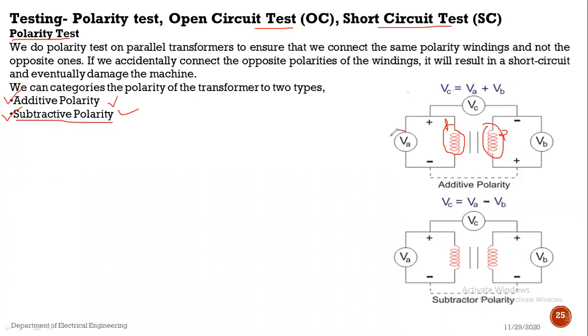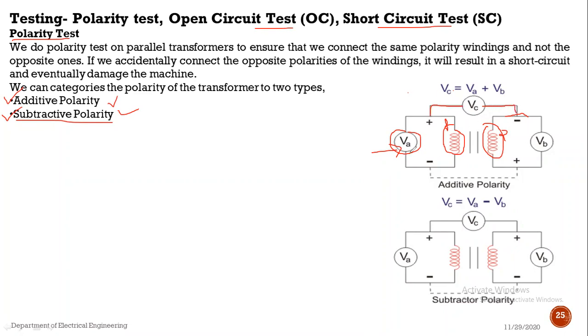One voltmeter VA is connected to the primary winding and the supply is provided to that winding. Another voltmeter is connected at the secondary side of the winding, and one extra voltmeter is connected across these two windings. या दोन winding मध्ये एक voltmeter connect केलेला असेल.